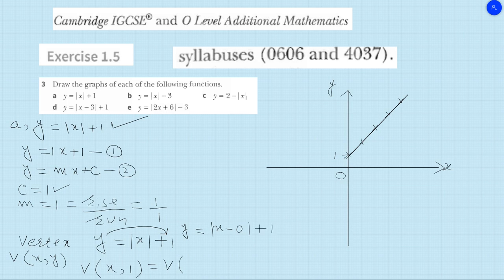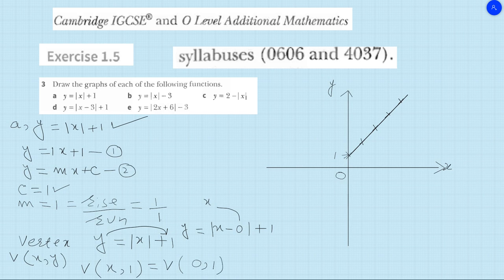So if you write x minus 0 or if you write x, no matter. x minus 0 plus 1 is also x. Therefore, this point represents the value of x. Therefore, our vertex is x is 0 and y is 1.